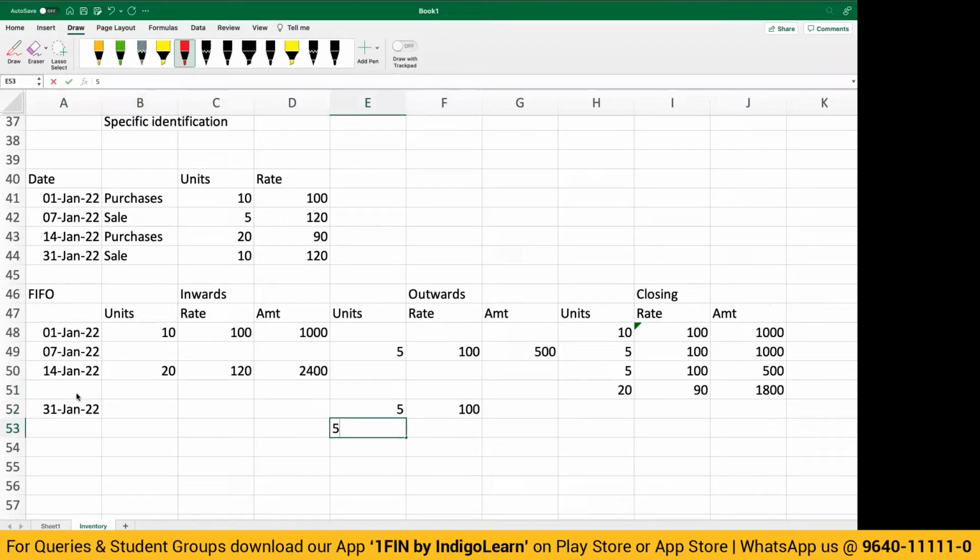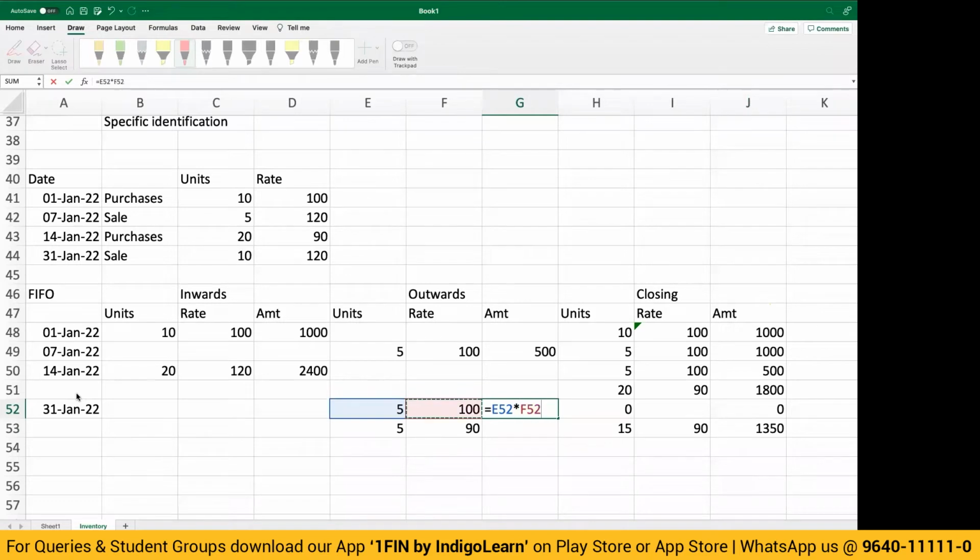Then next 5 at 90, sir. So this 5 minus this 5 will be 0, nothing will be left here. And here we'll have 15 at 90, which is 1350. This is 5 into 100, 500, and 5 into 90, 450. Are you clear with the FIFO method?